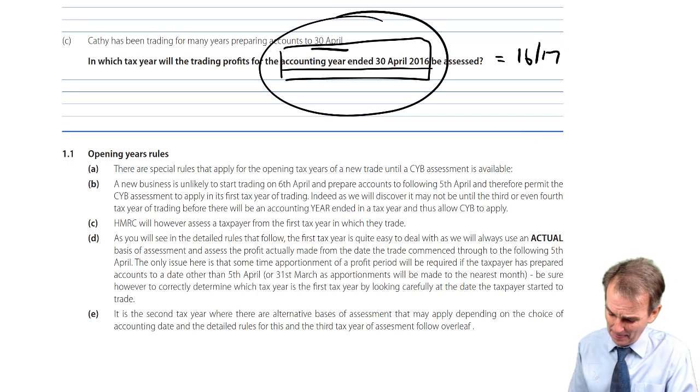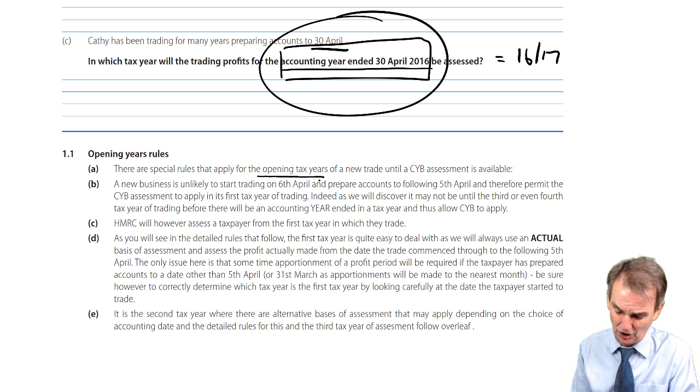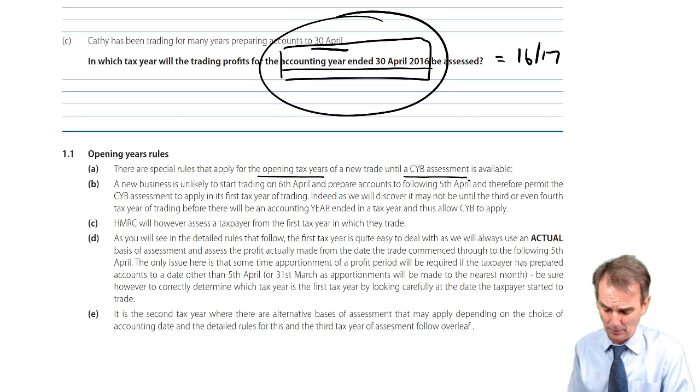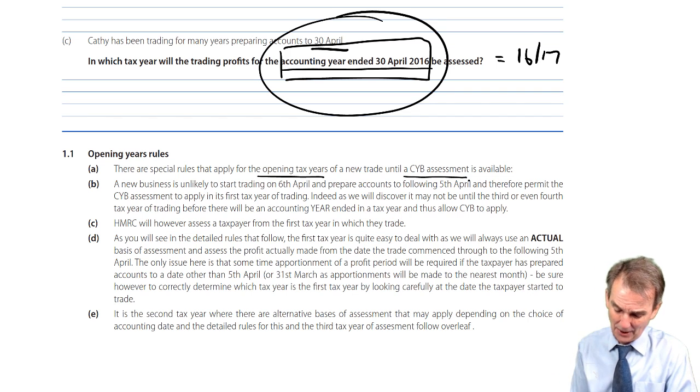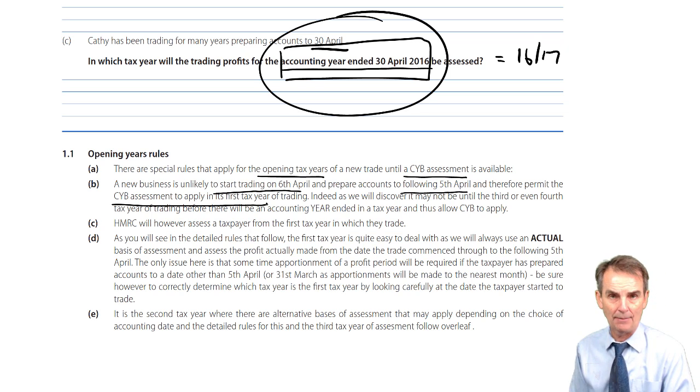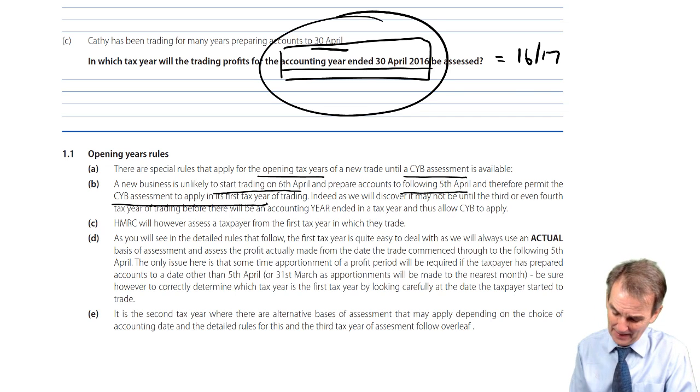Now, as we've said here, there are special rules that apply in the opening tax years until a current year basis of assessment is available to us. As soon as it's available, we will use it. As we've just said, it's not likely that a business starts to trade on 6th of April, prepares accounts to the following 5th of April, and therefore CYB would be available in the first tax year of trading. It's not going to happen.